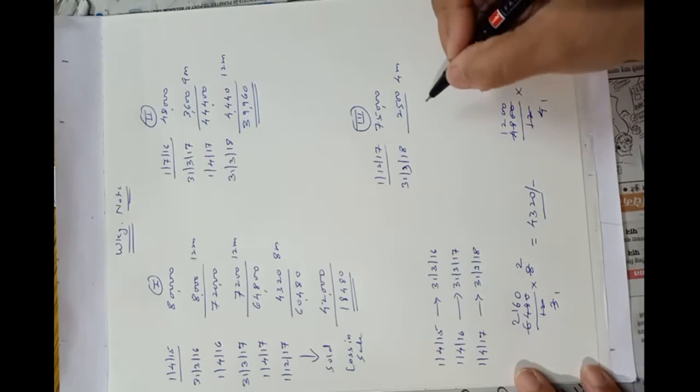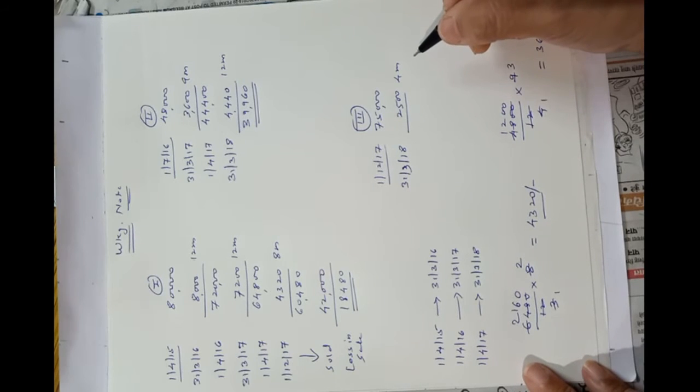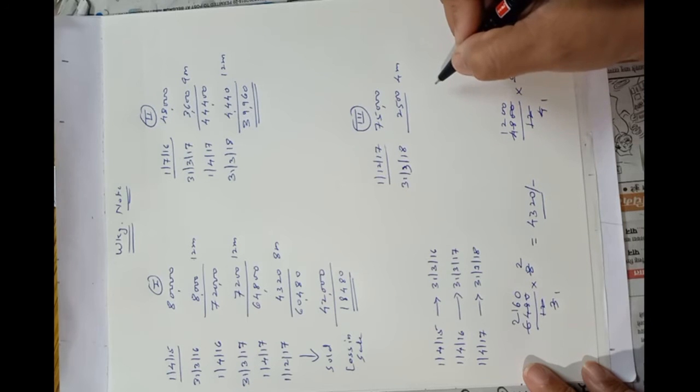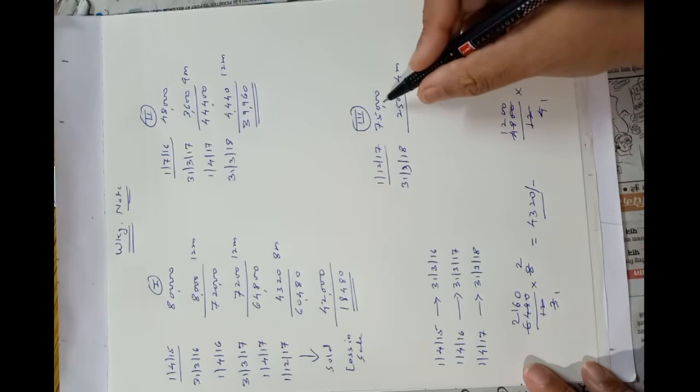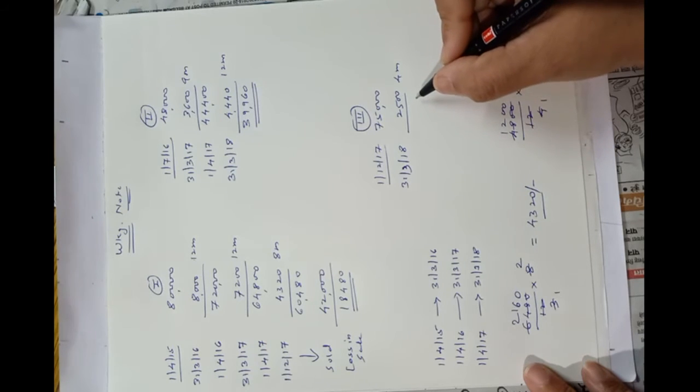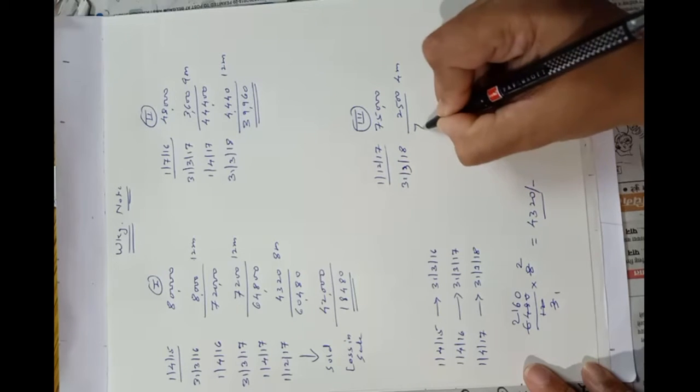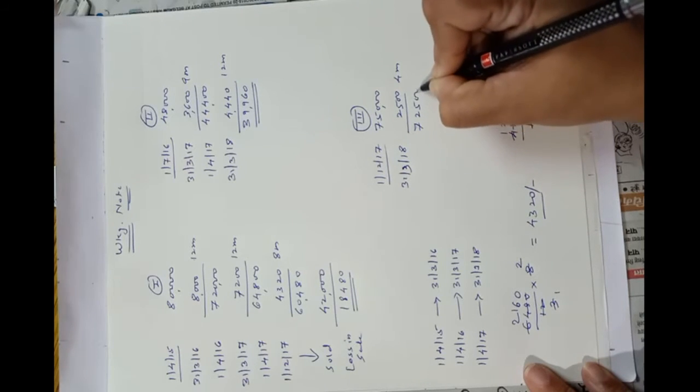Okay, divided by 12 into 4, 4 1s are 4, 4 3s are 12, and we have to divide by 3 to 75,000. So amount 7,500. So depreciation will be 2,500. So written down value will be 72,500.